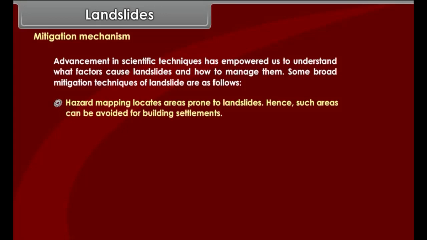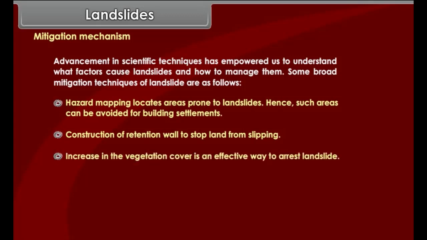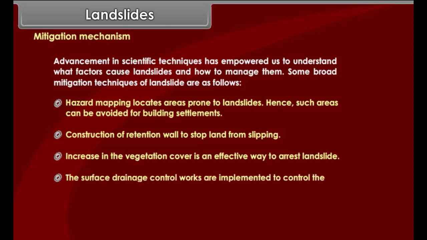Hence, such areas can be avoided for building settlements. Construction of retention walls to stop land from slipping. Increase in the vegetation cover is an effective way to arrest landslides. Surface drainage control works are implemented to control the movement of landslides along with rainwater and spring flows.